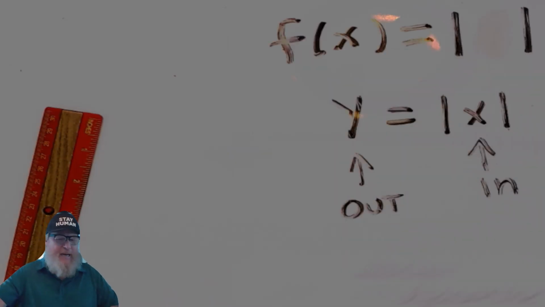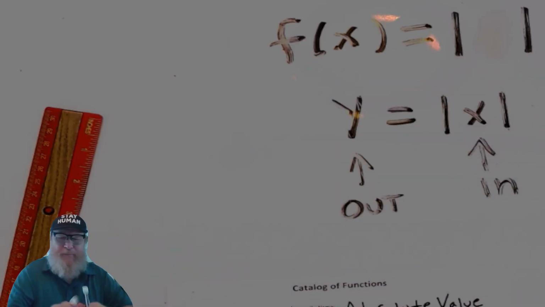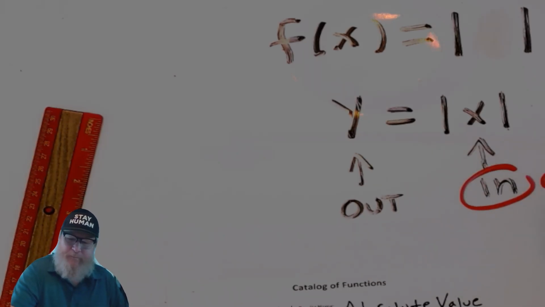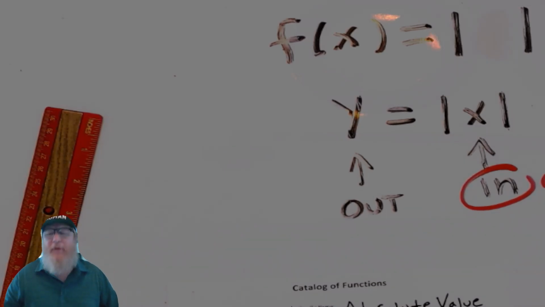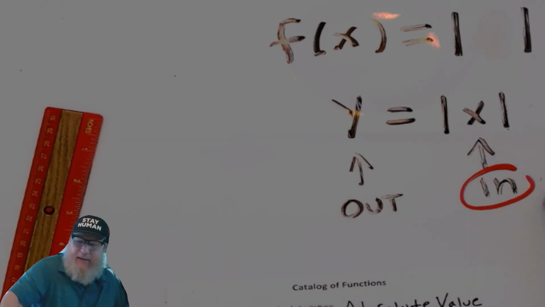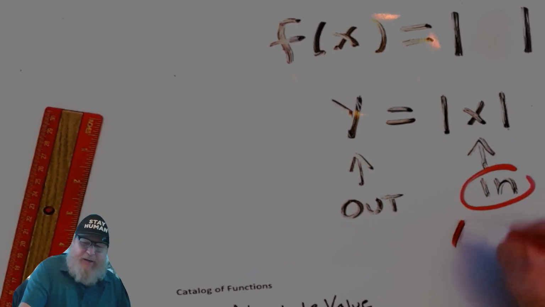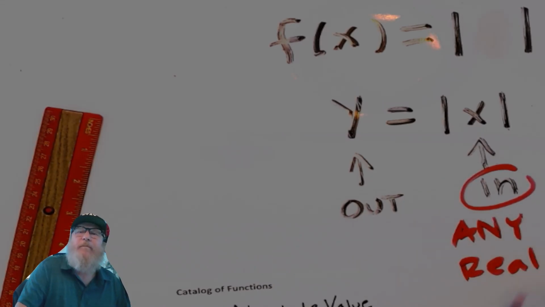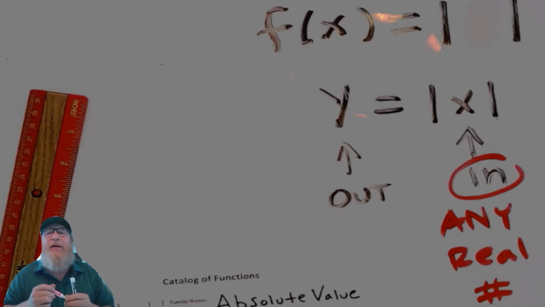All right. X can be any real number. So you are free to plug in any real number. Now, I tell you that you're free to plug in any real number because you can.